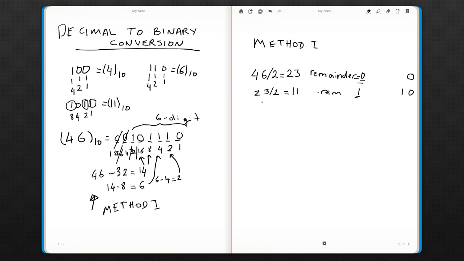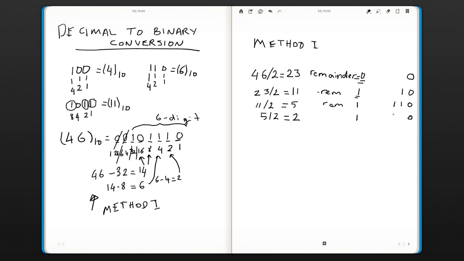So take 11, divide by 2, it's 5 times, and the remainder is 1. So we'll take that 1. Then 5 over 2, 2 times, and the remainder is 1.